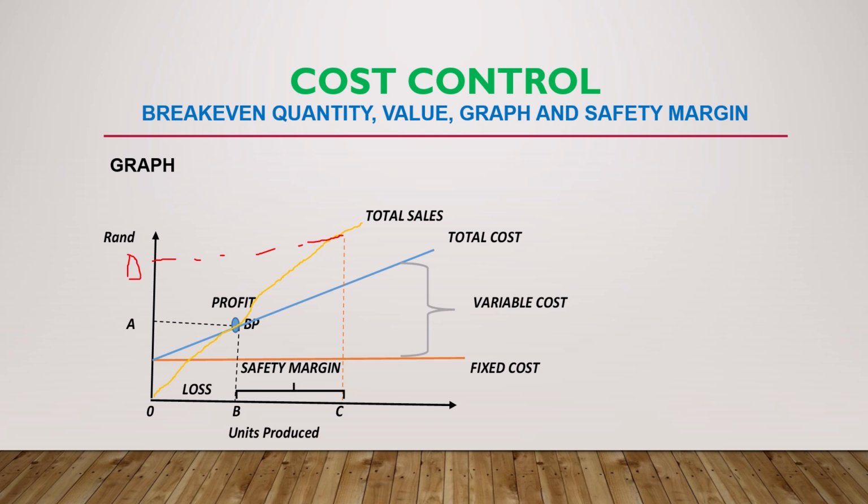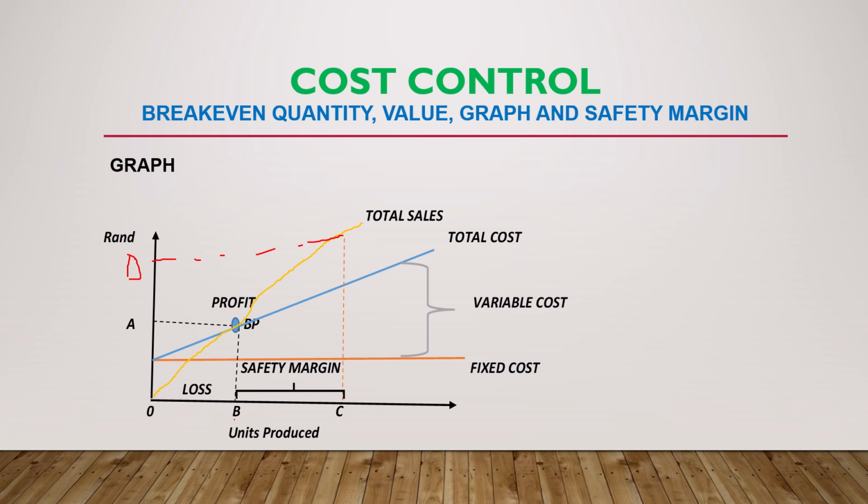Your safety margin in units is the point between B and C, right? If for instance your break-even quantity was 20,000 and the units you actually sold is 21,000, then your safety margin will be C minus B. That means 21,000 minus 20,000. So your safety margin in units is 1,000 units.